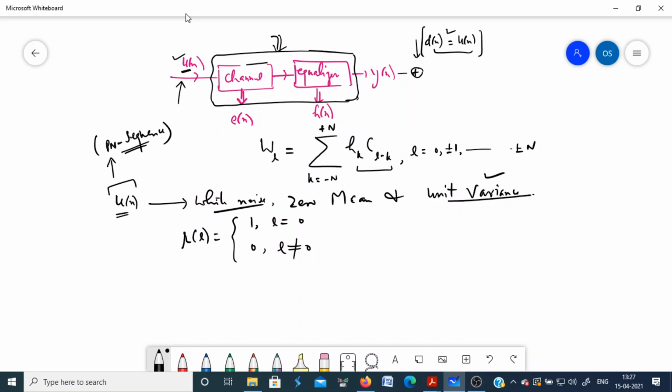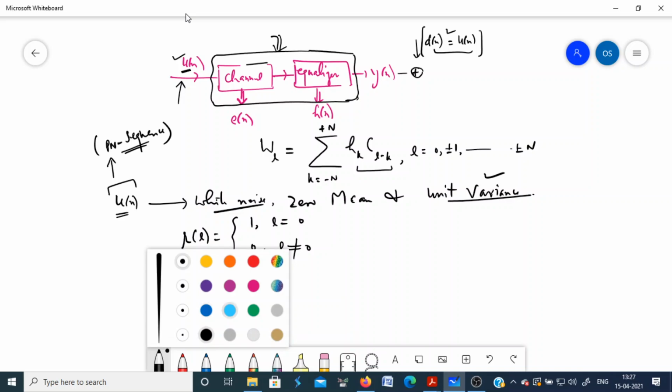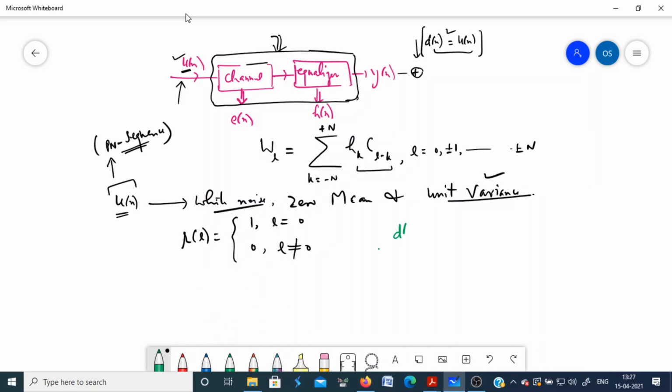Similarly, since my Dn is equal to Un, what will be the correlation or cross correlation matrix PL? In the Wiener filters we have seen two matrices because we are trying to find the solution for this equalizer.